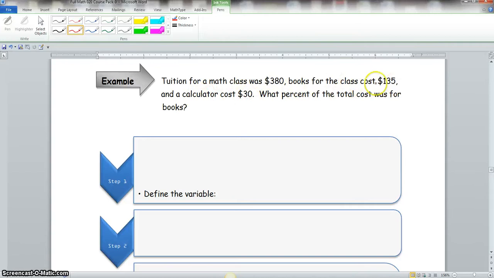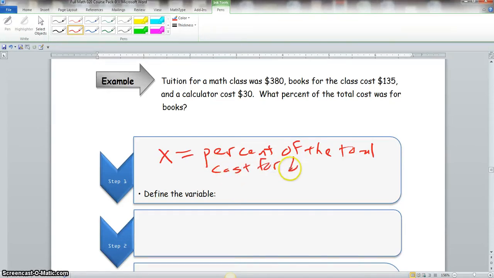We need to add all of these up. Well, actually, we could do that later. We could say X is equal to the percent of the total cost for books.